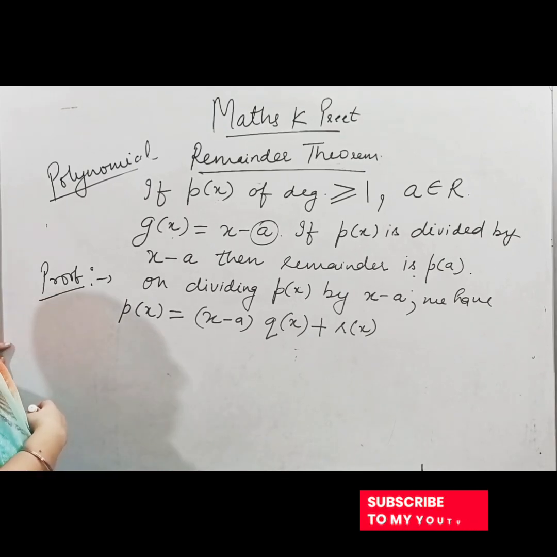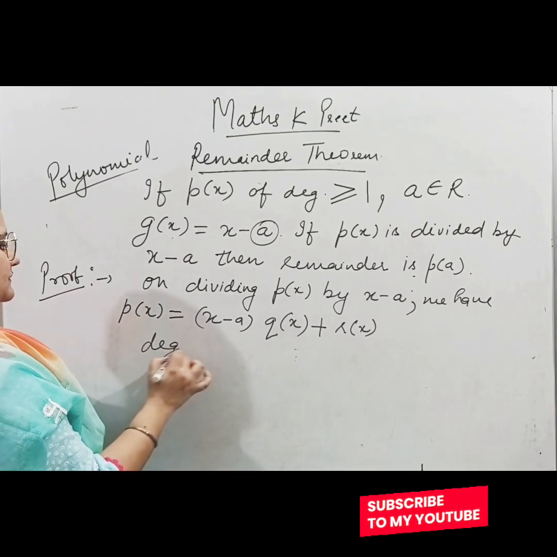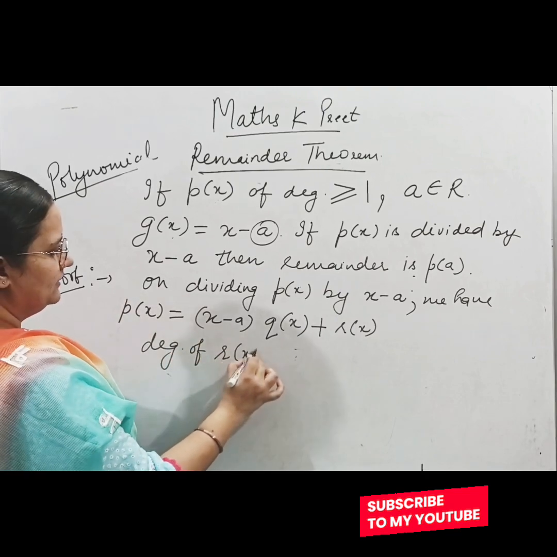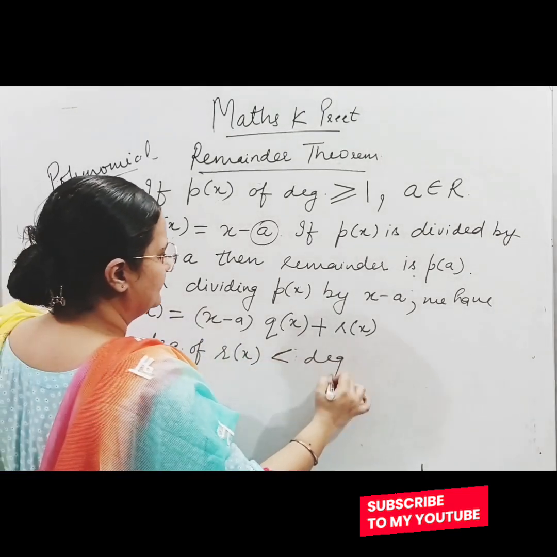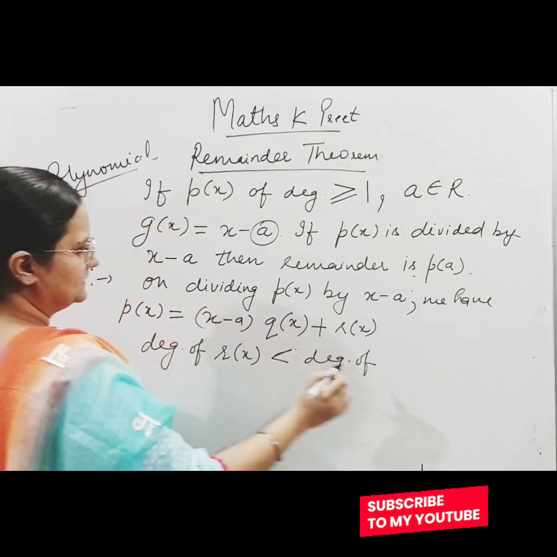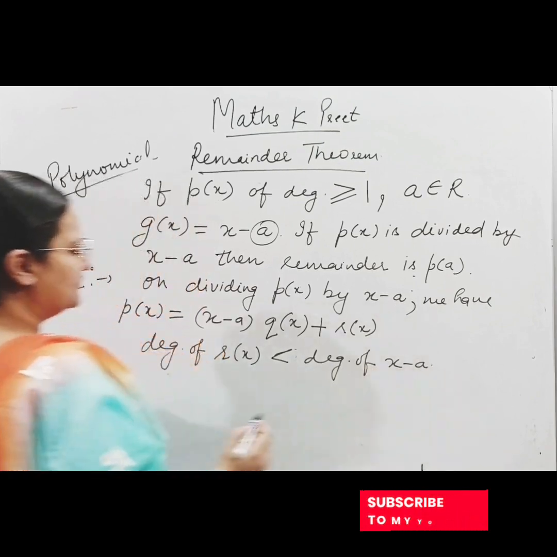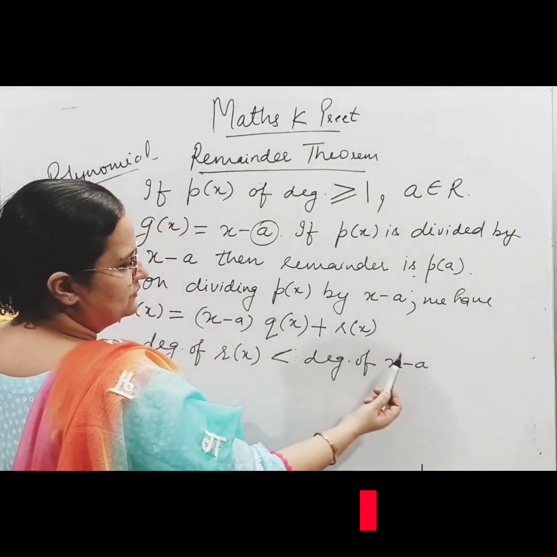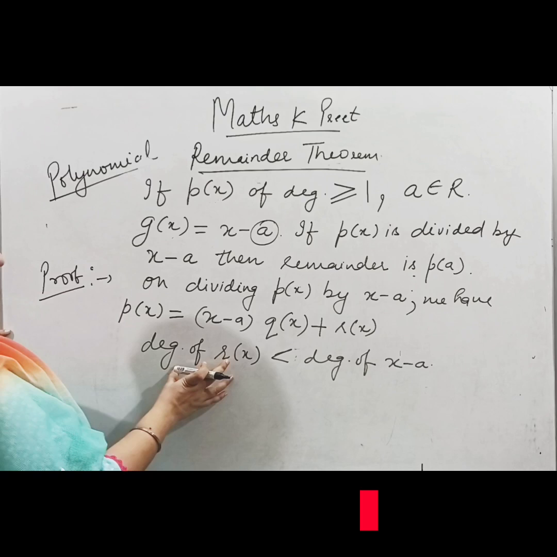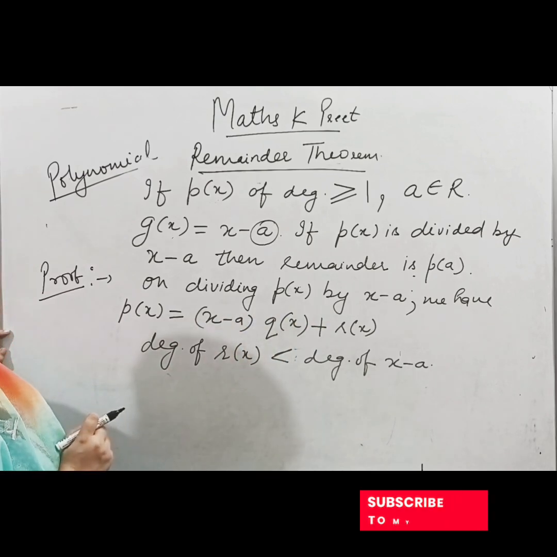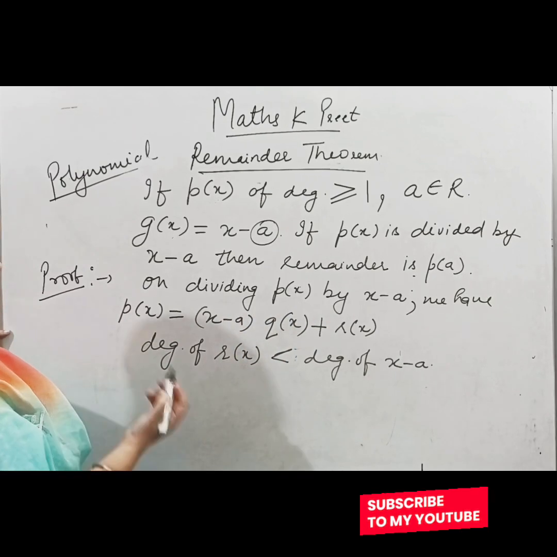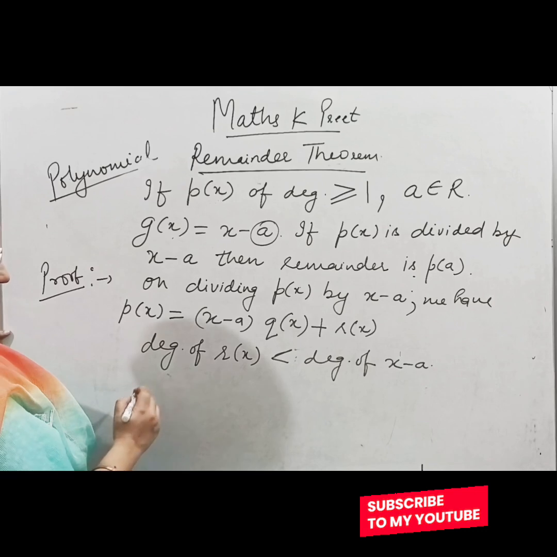Clearly, in the long division method, I have told you that the degree of this remainder will always be less than the degree of this divisor, that is x minus a. So the degree of x minus a is what? 1. So less than 1 is what? 0. Degree 0 means that r(x) is constant.